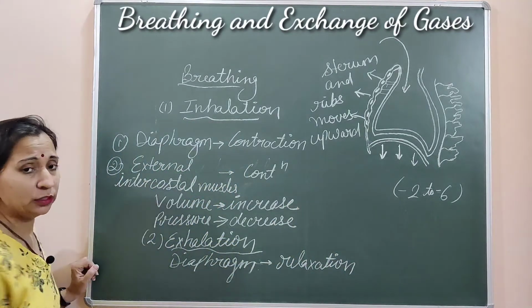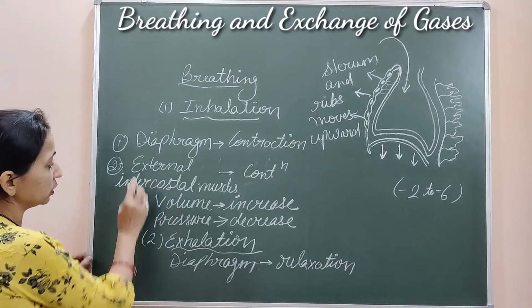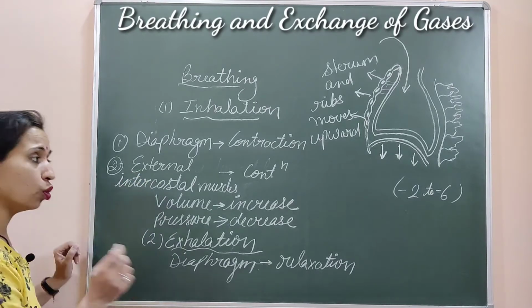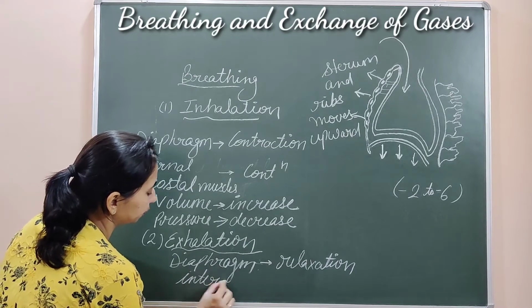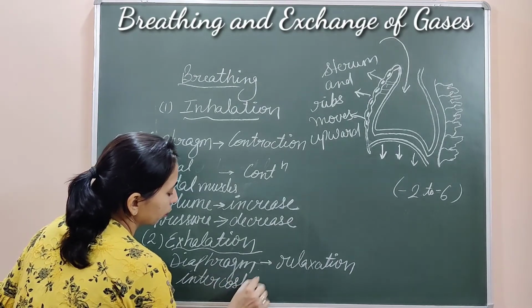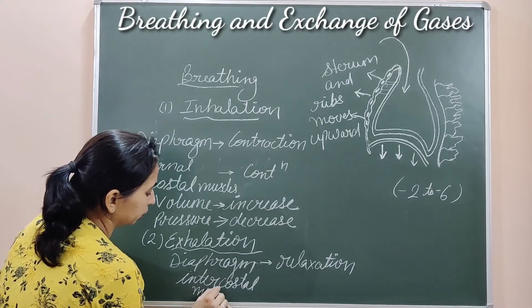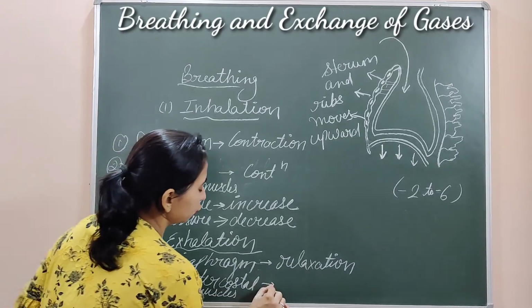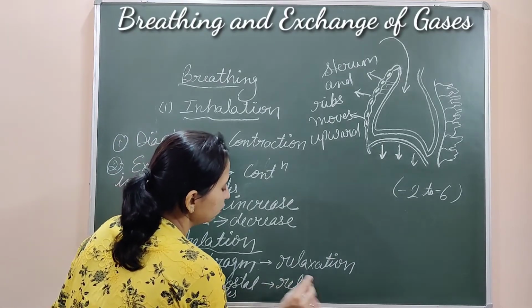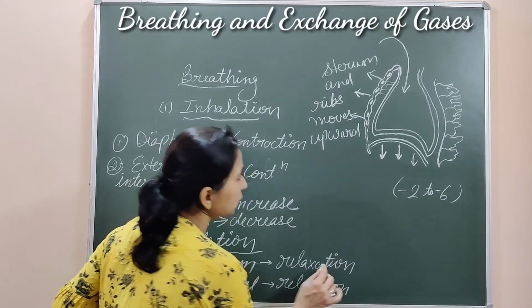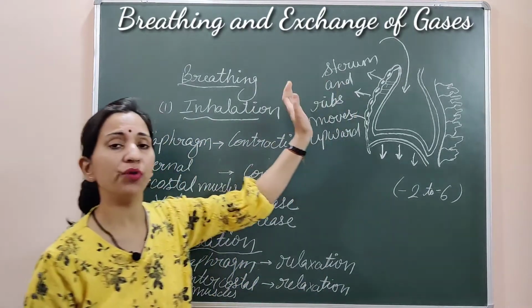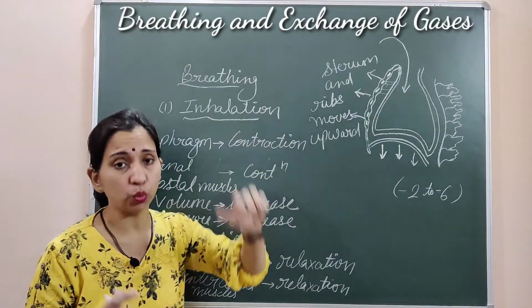And the external intercostal muscles will also show relaxation, or they will become relaxed. Due to the relaxation of these muscles, now the ribs and sternum will move downward or inward.